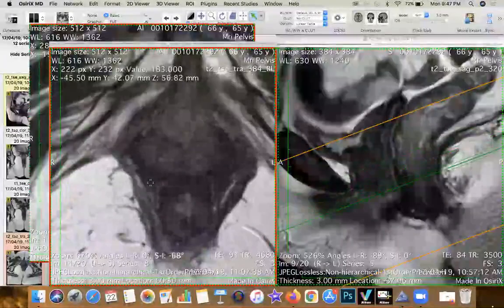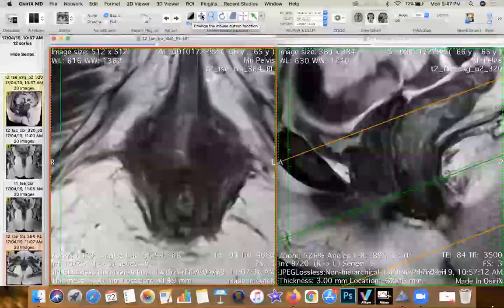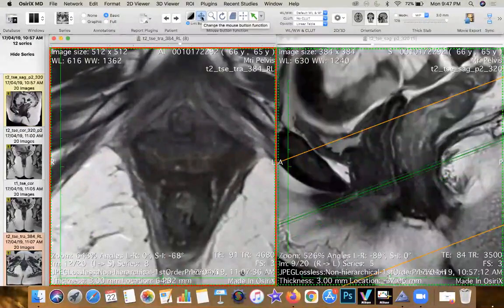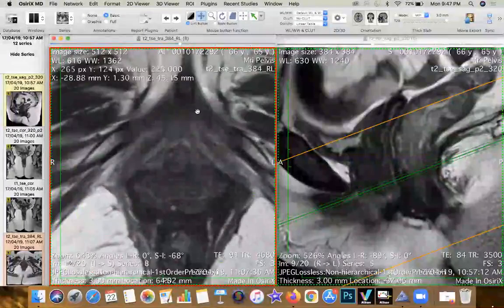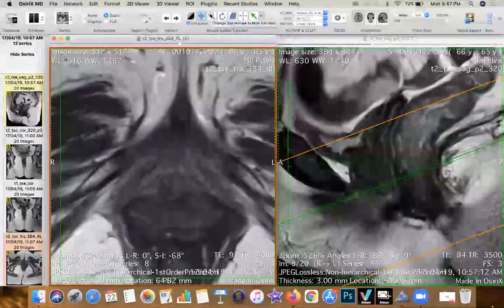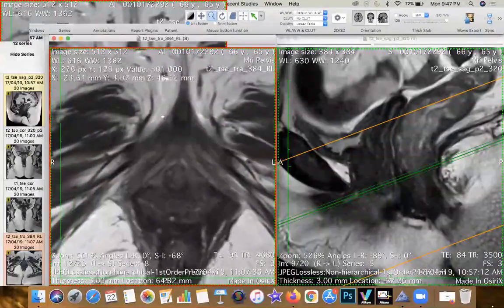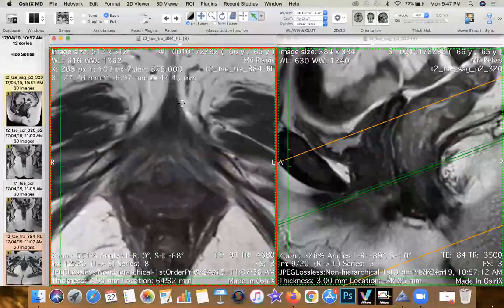So coming down to the level of the introitus, this is where the challenge really comes out for most radiologists, trying to identify the key structures in these areas. If I just show the anatomy of the area, that is the clitoris, which you can see pretty well.